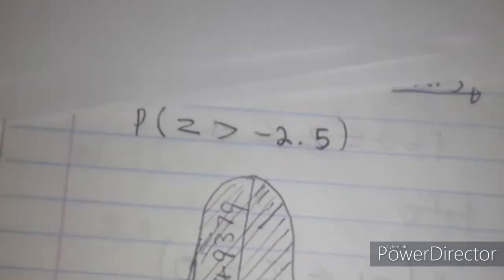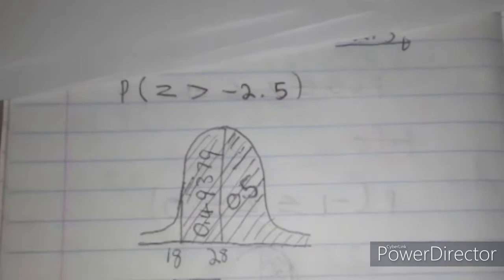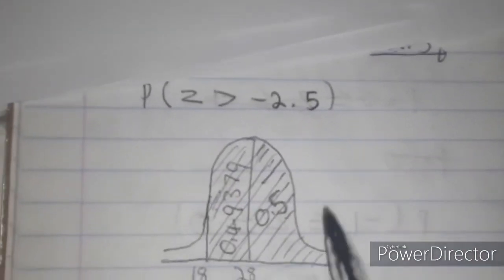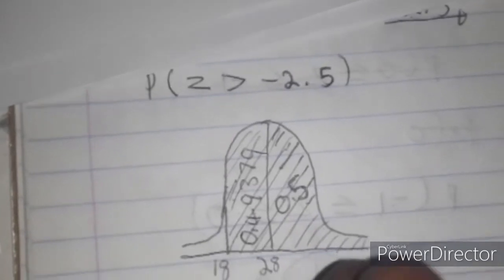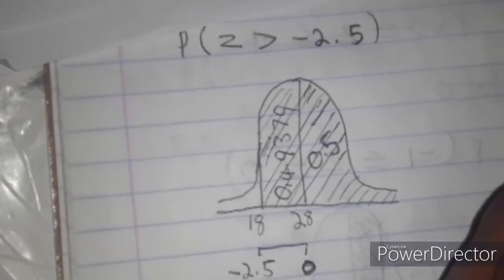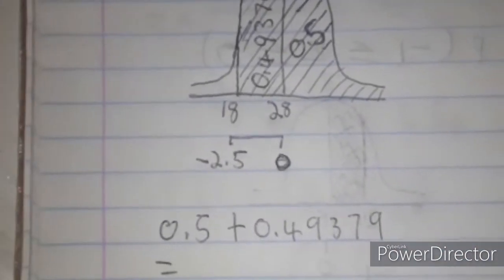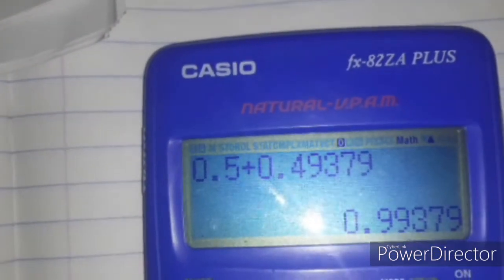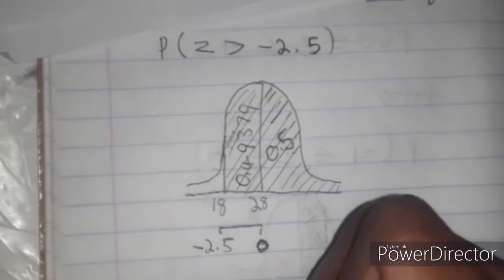Now we want all the side that is greater than 18, so we're going to add these values. 0.5 plus 0.49379 is equal to 0.99379.